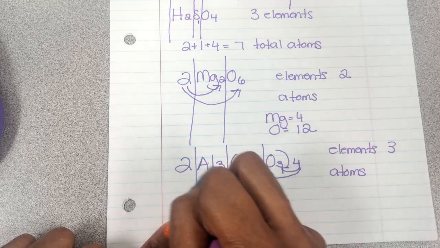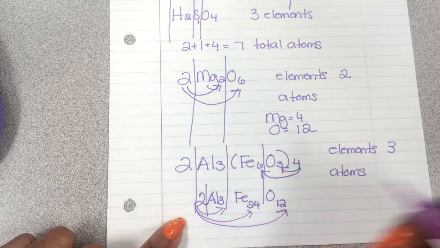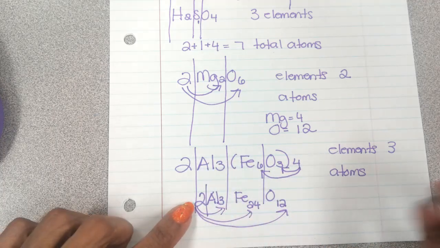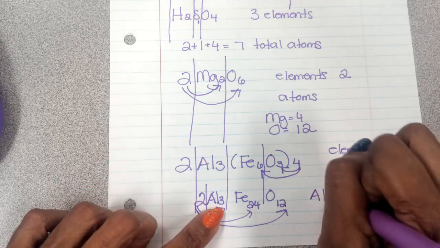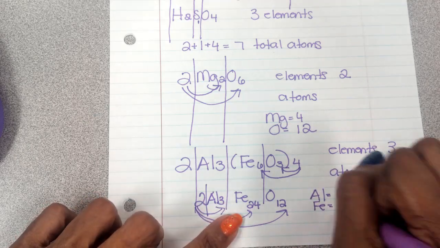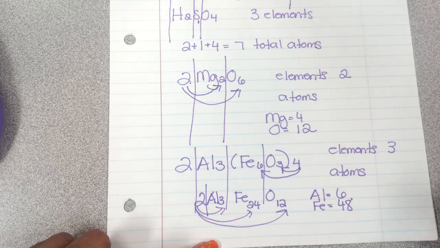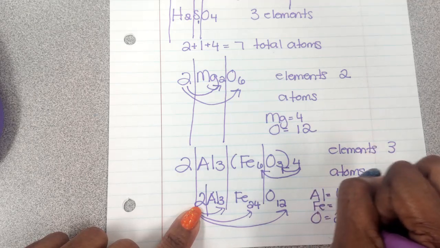Now the 2 gets multiplied by everything, all the subscripts. So my aluminum, I have 2 times 3 is 6. My iron, I have 2 times 24, which is 48. And then my oxygen, 2 times 12 is 24.